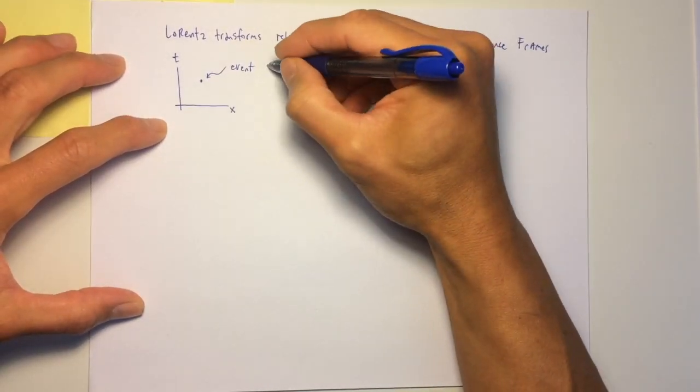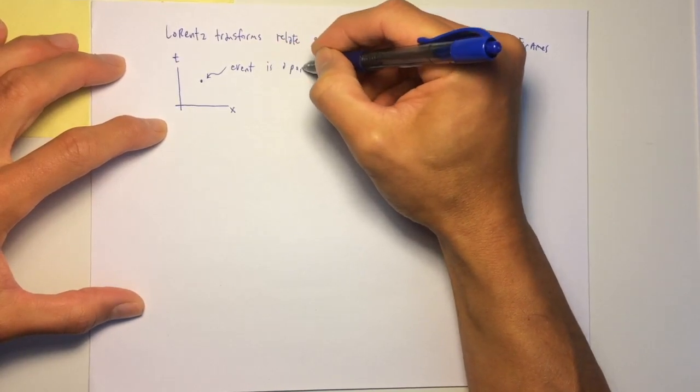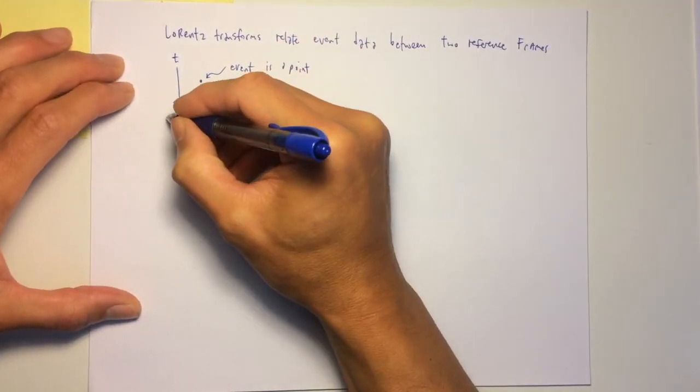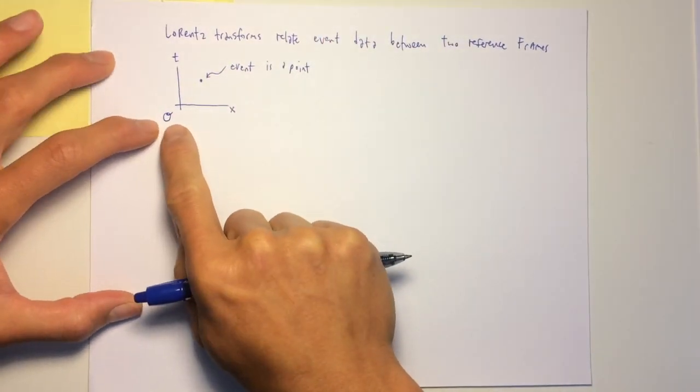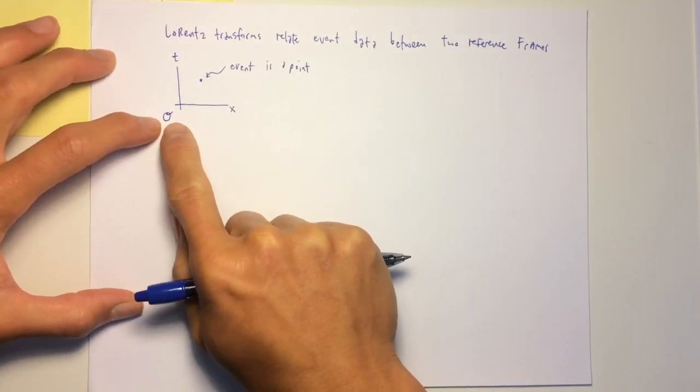Event is a point. And we could say that these are the coordinates that belong to O's frame of reference.